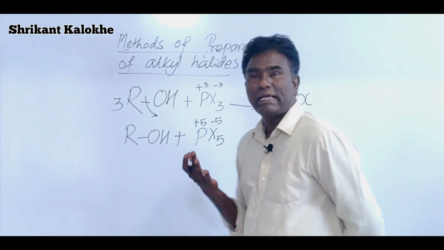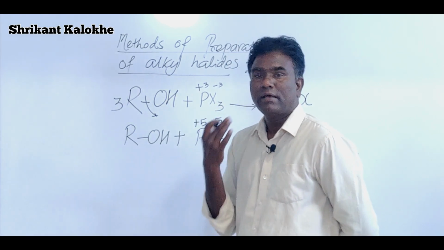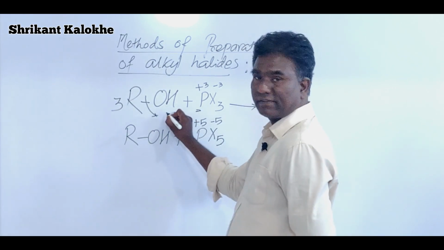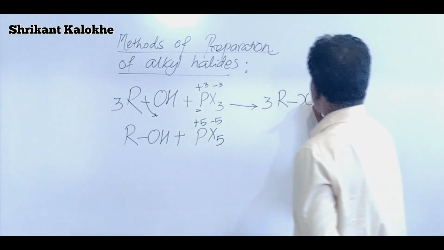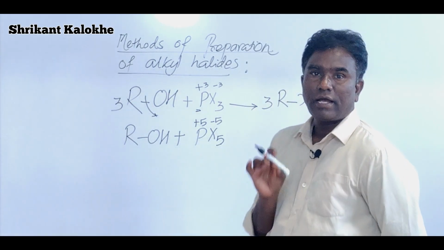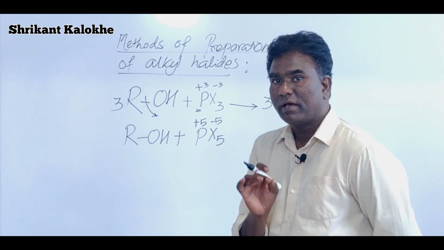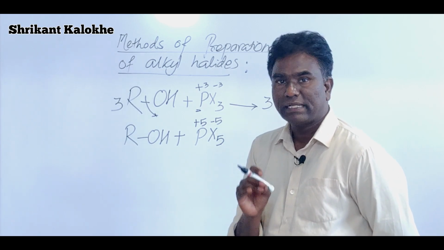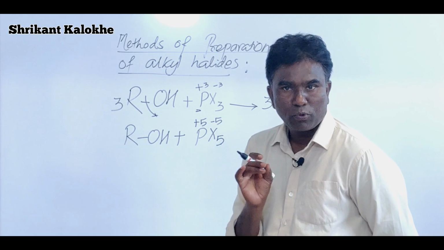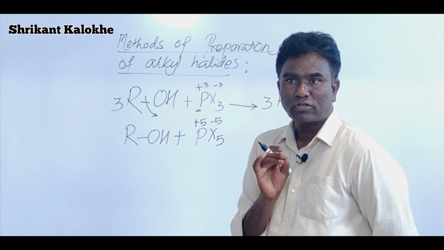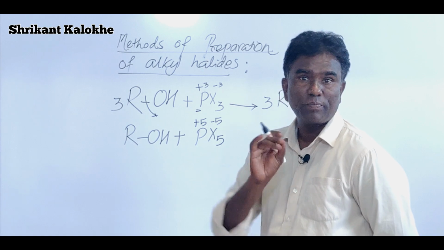And what is left behind? We get here 1 phosphorus and 3 OH, and they form a stable hydroxide of a non-metal. And remember, hydroxides of non-metals are acids, and therefore they are not written like hydroxides of metals.